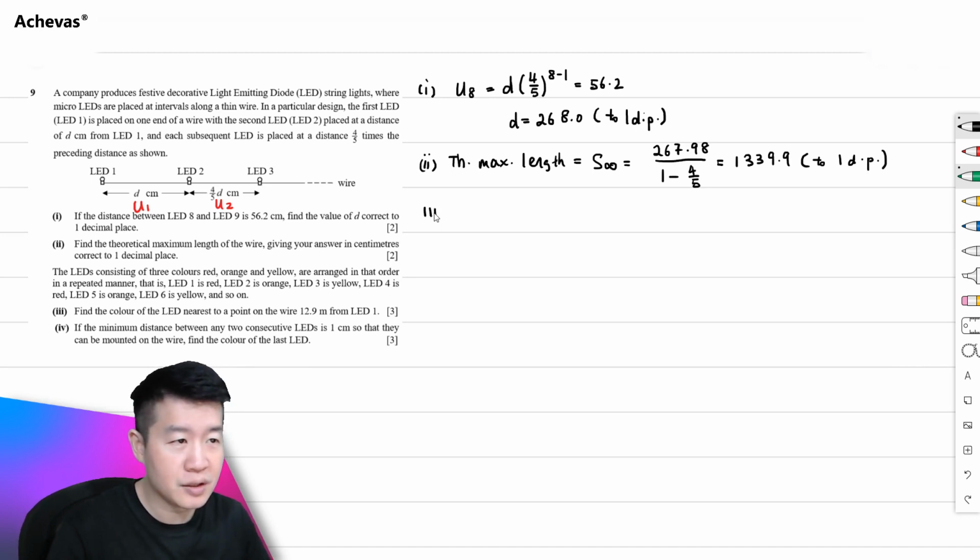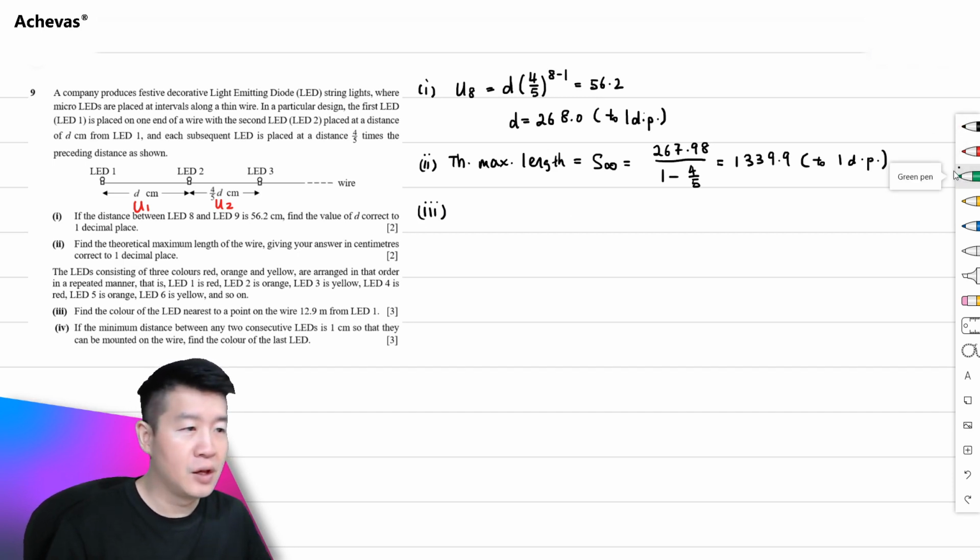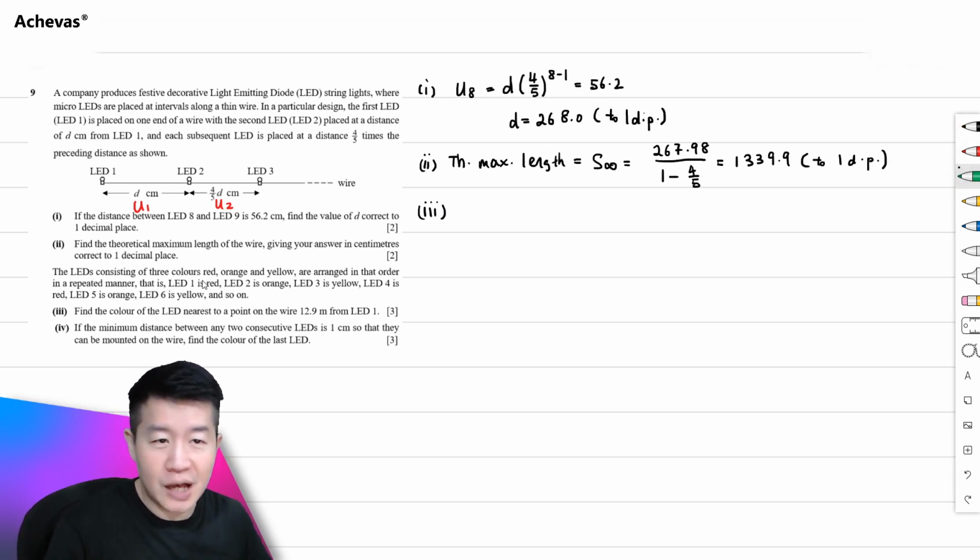Next, part 3. For part 3, the LED is going to consist of 3 colors: red, orange, yellow, and it is going to go in the order of red, orange, yellow, starting from LED 1.